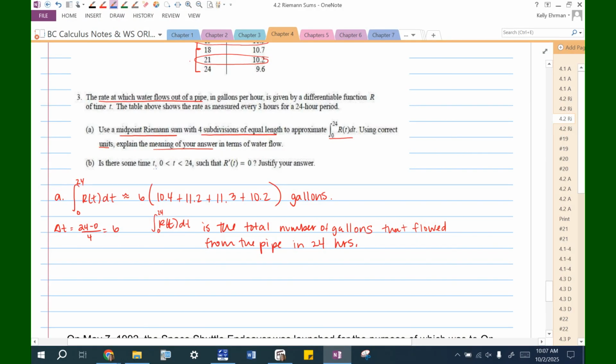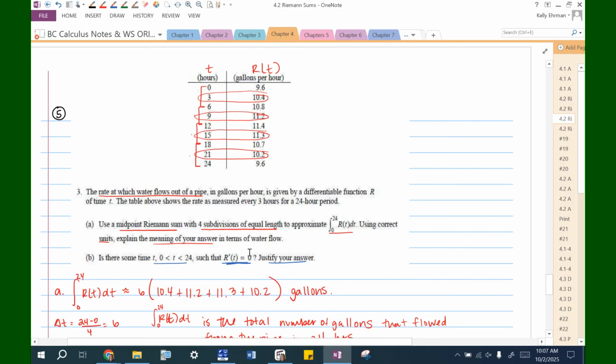Is there some time between 0 and 24 such that r prime of t equals 0? Justify your answer. The question is this MVT, mean value theorem, or is it IVT, intermediate value theorem? If it asked me that such that r of t equals 0, that would be intermediate value. They're asking me about r prime. So first, let's see if this works or not.